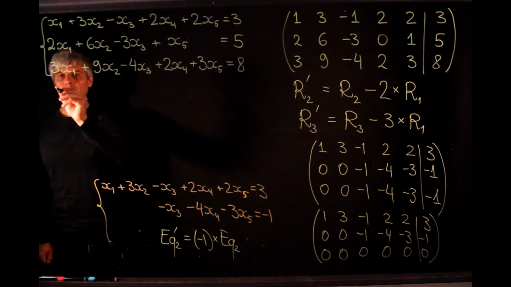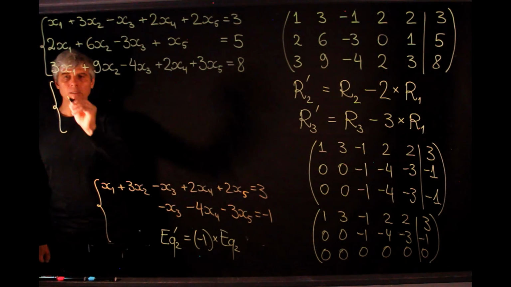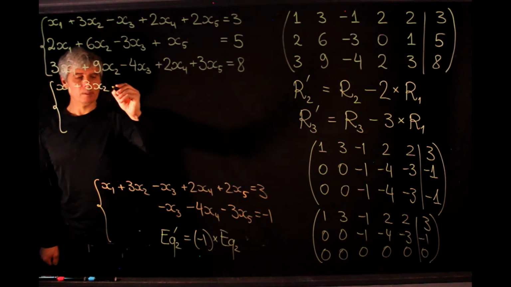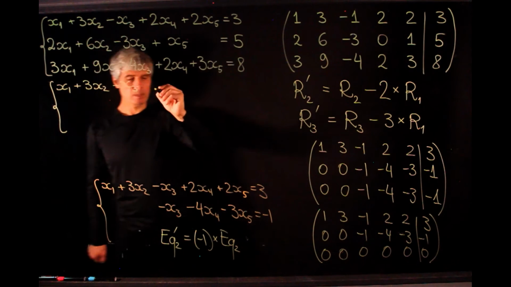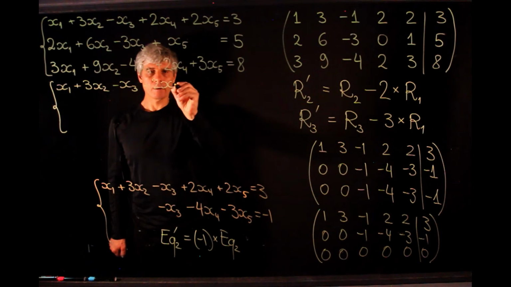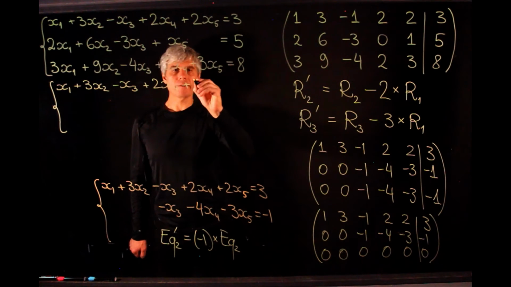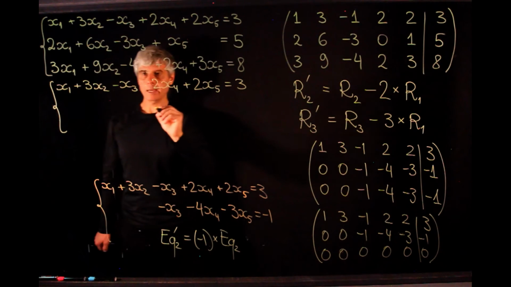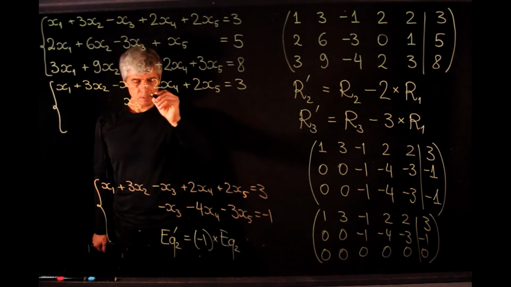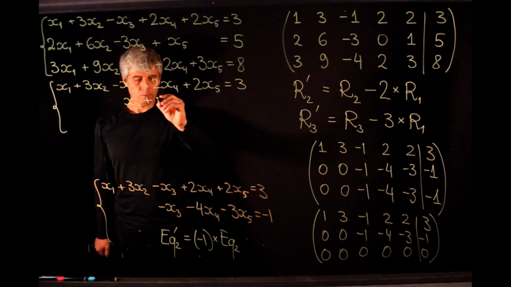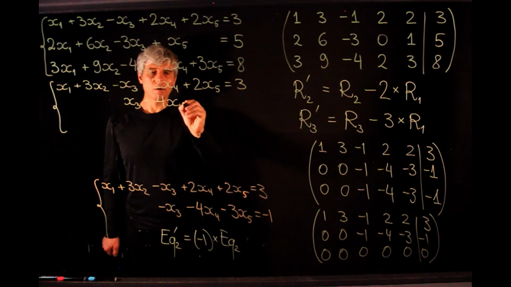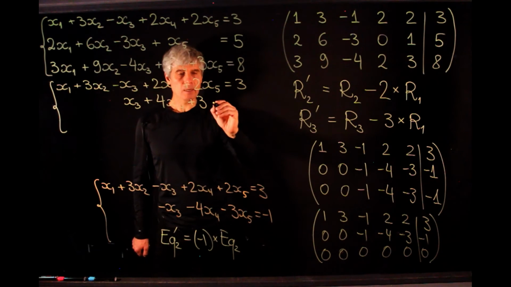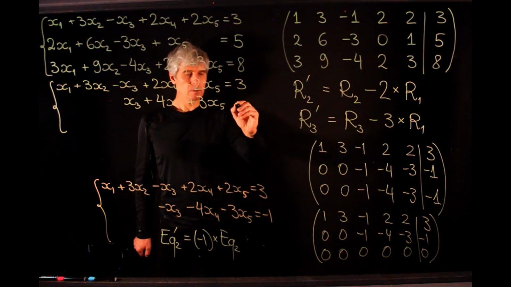Then this gives us the system x1 plus 3x2 minus x3 plus 2x4 plus 2x5 is equal to 3, and x3 plus 4x4 plus 3x5 is equal to 1.